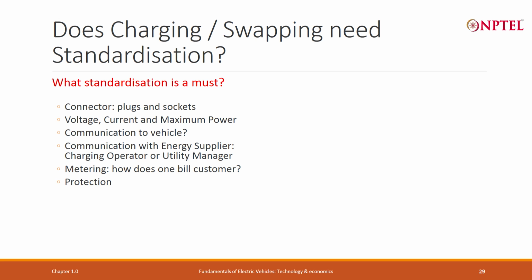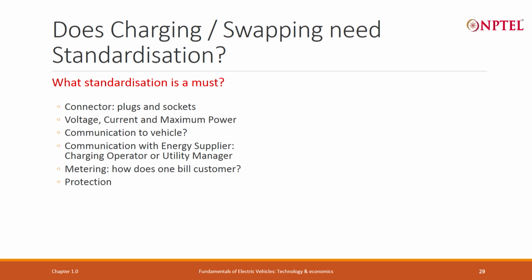Now, if my vehicle requires a special charger, I have to purchase it along with the vehicle, and wherever I install that, I can charge only there. But if I want a public charger, a charger placed in a public place where I can go and charge, that public charger should be able to charge my vehicle battery, which basically means standardization.